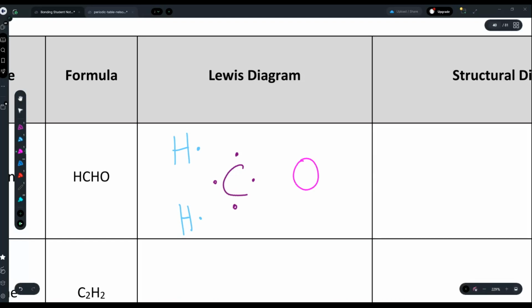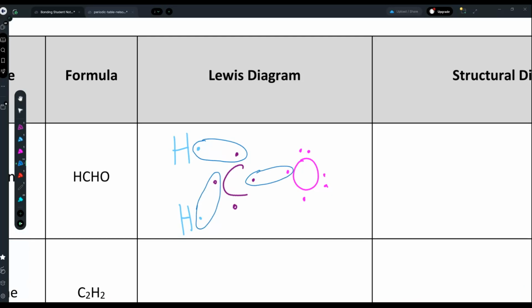And then for the oxygen, oxygen is in group 16, so 6 valence electrons. Okay, and this is kind of why I love the loops. It makes it a lot easier. So I can pair up these two bonding electrons, and these two.